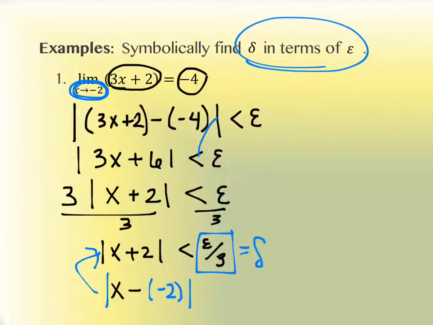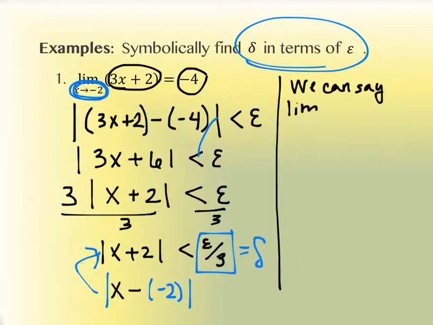Here's the second step. The second step that you're going to do is write down what in the world it is that you did that makes you know now for sure that this limit really works. So it looks something like this. We can say, or we know that, or this shows that, any of that kind of stuff, we can say that the limit as x approaches -2 of 3x plus 2 equals -4.